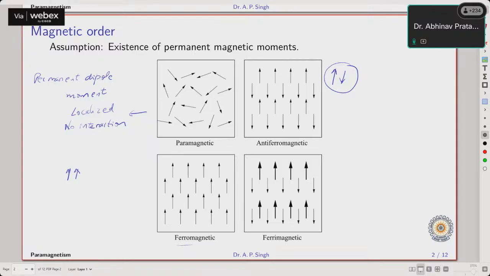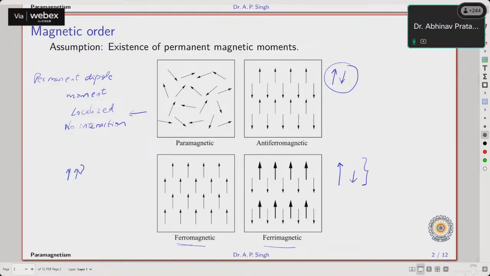In case of ferrimagnetic materials, again, if one of them is, let us say, spin up, the other one will be spin down. But in this case, you will find that they are not equal and opposite to each other. They are opposite to each other, but they are not equal in magnitude. And therefore, the net magnetization is not zero in case of ferrimagnetic material. So if you remember in the last class, I told you that ferromagnetic material and ferrimagnetic materials are very similar to each other.